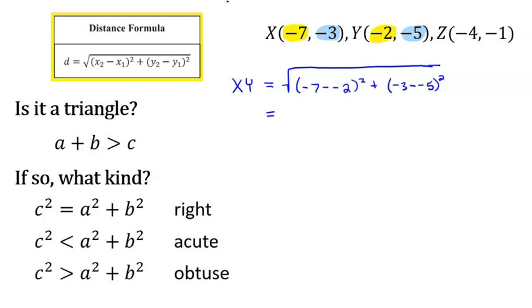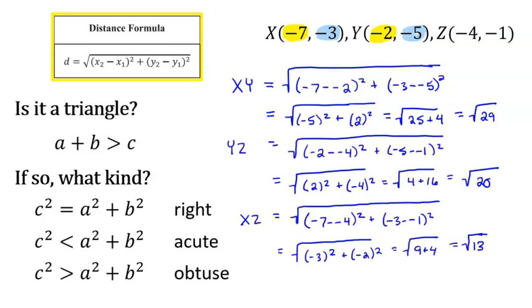And so that's going to give me -5 squared plus 2 squared. And that's going to give me the square root of 25 plus 4, which gives me the square root of 29. And then I'm just going to do that for the next two.